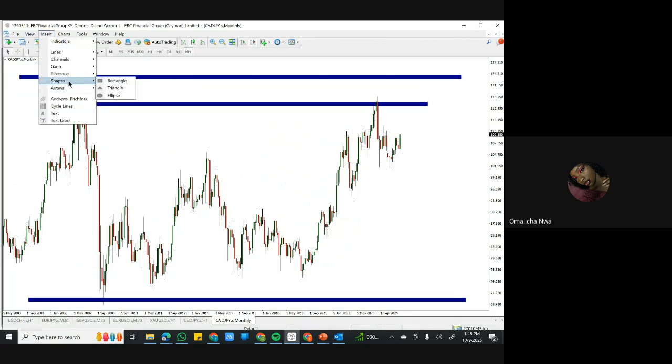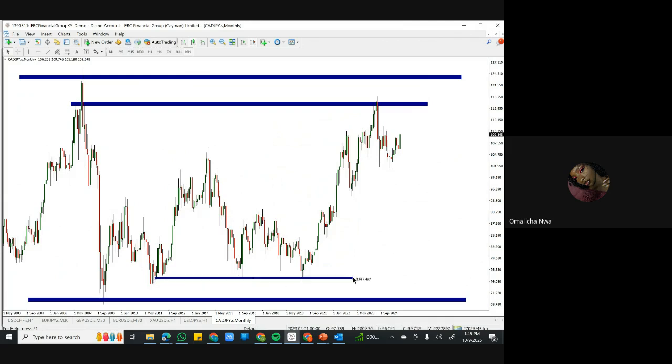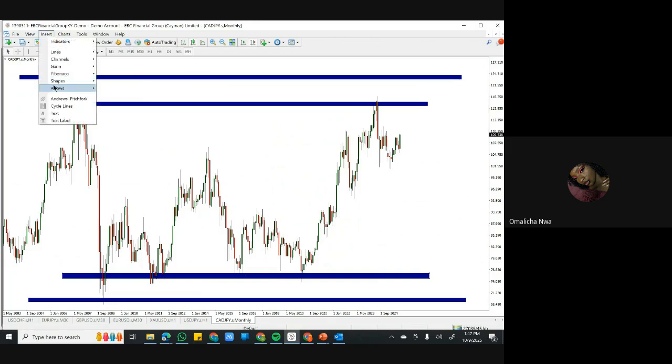Let's go to shapes. This is an area of support. Trying to get as much as we can for the sake of this class.